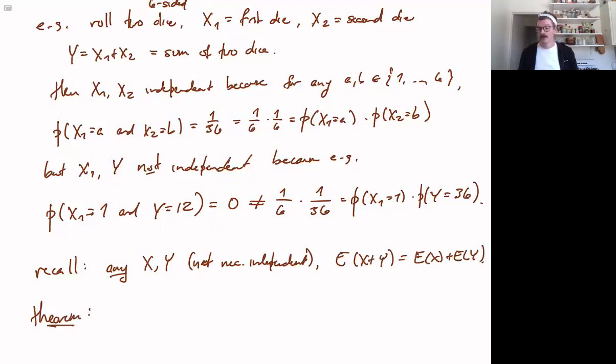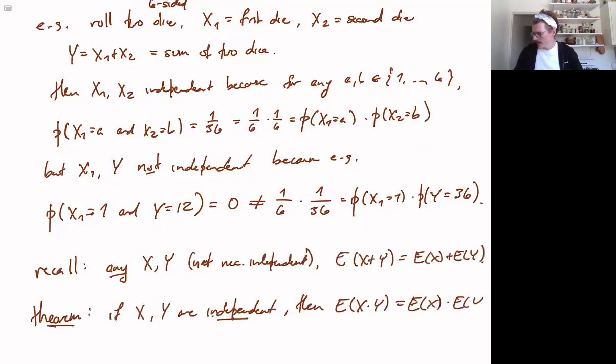And the theorem about multiplicativity is if X and Y are independent, then we have a similar equation for multiplying X and Y. So the expected value of X times Y is equal to the expected value of X times the expected value of Y. So this is another useful thing for working with expectations, but I don't want to go into it too much.